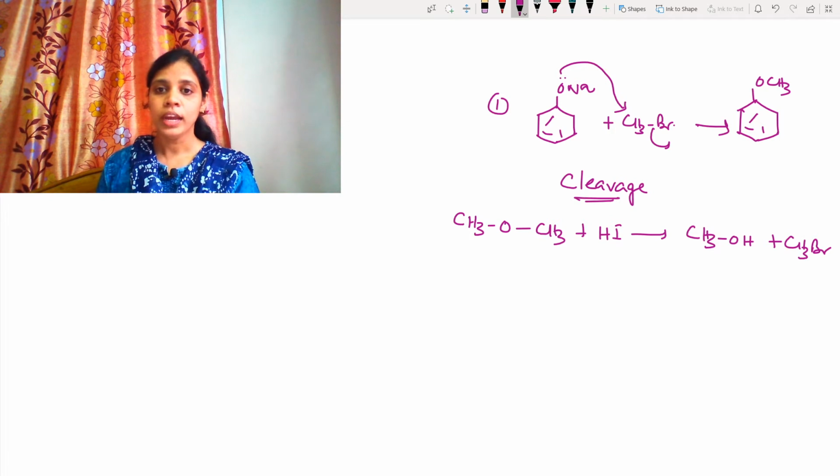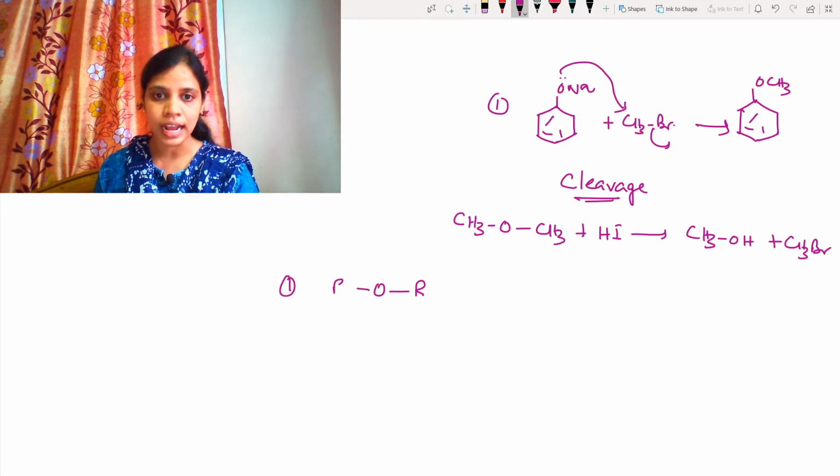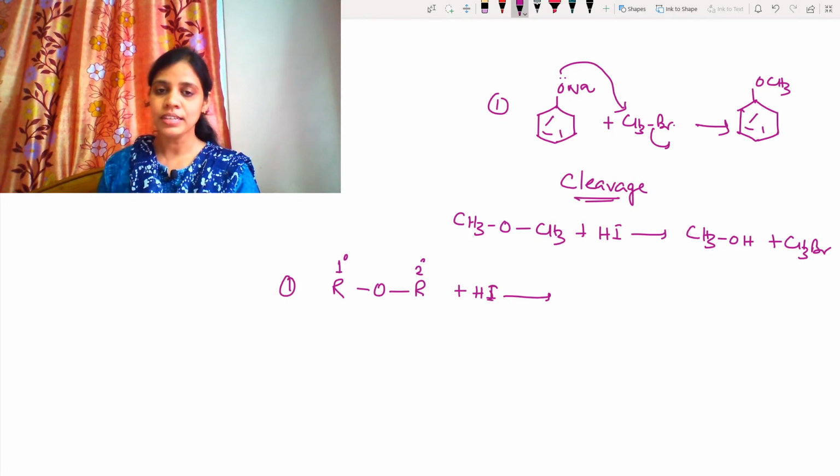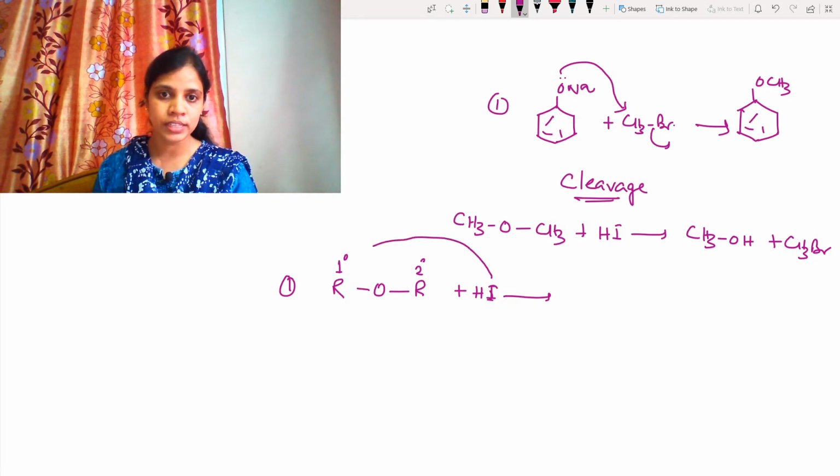Now here there are some rules. Suppose the ether linkage is present between two alkyl groups, and one alkyl is 1 degree and the other is 2 degree. When it reacts with HI, there will be breaking of the ether. Iodide is always added to the alkyl group which is less sterically hindered, that means the 1 degree alkyl group.